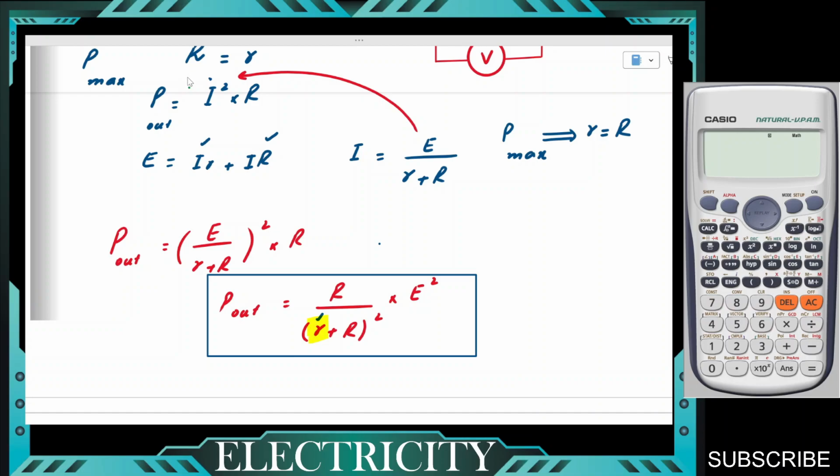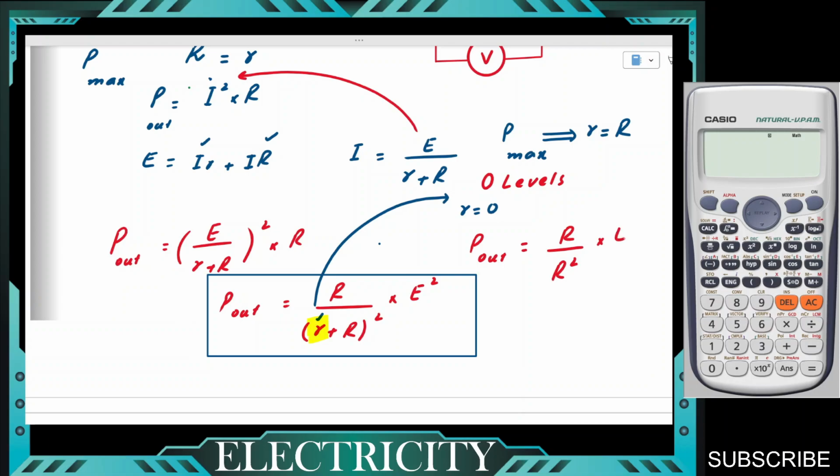And what do you have instead? Since there is no concept of internal resistance in O levels, what I can say is small r equals 0. So this is what we do in O levels. If r equals 0, and I write down the same expression, it would be R divided by R squared times E squared.